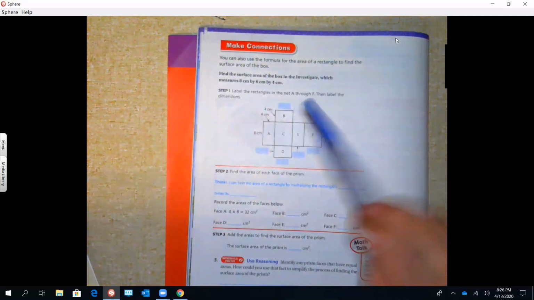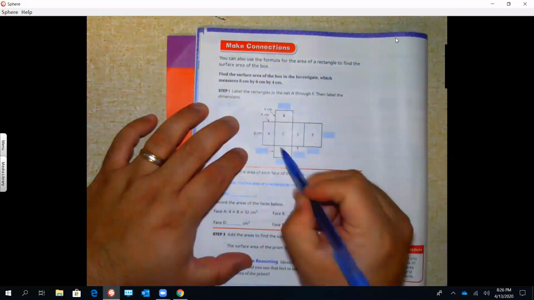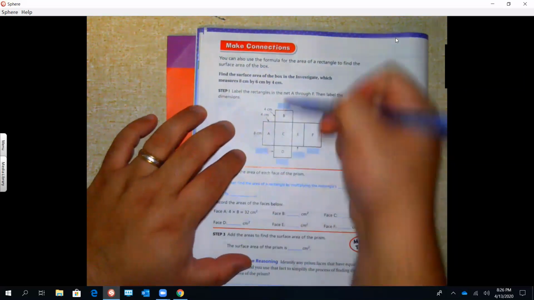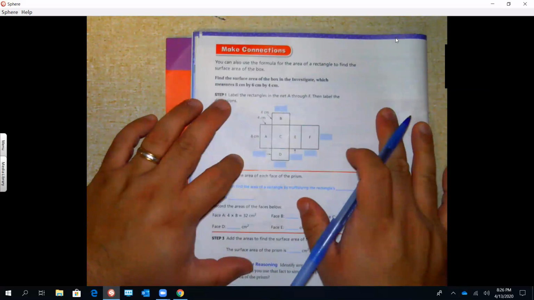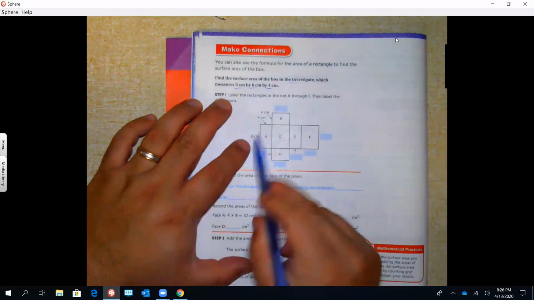Remember, here's your base, and you're just folding it up. And you have to visualize the measurements. So they tell you this is an 8 by 6 by 4. Well, they tell you this is 8, that's 4.